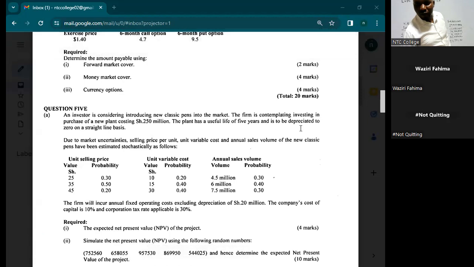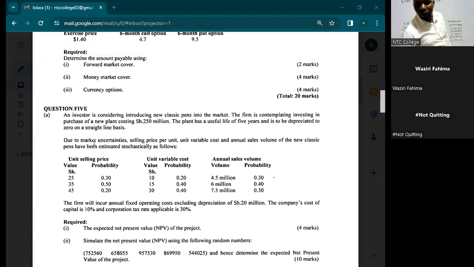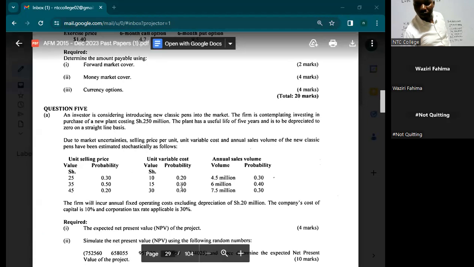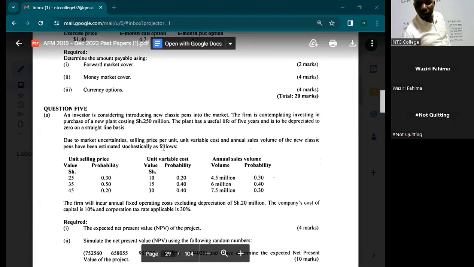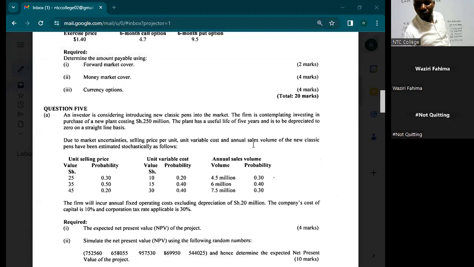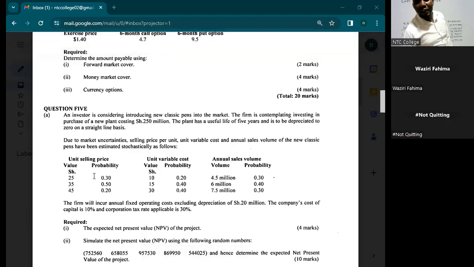The plan is useful life to be treated equally. They are saying due to market uncertainty, selling price and annual sales volume are average per year.